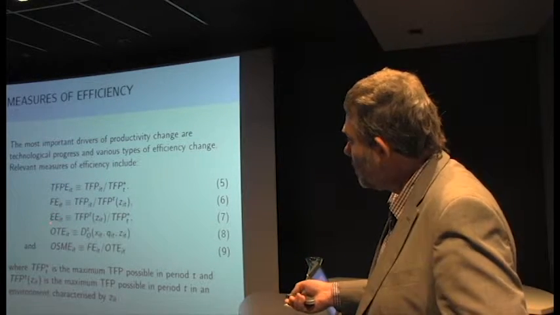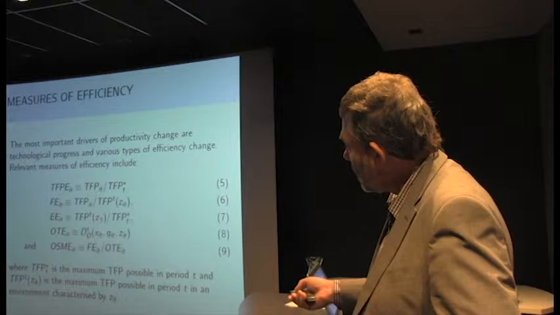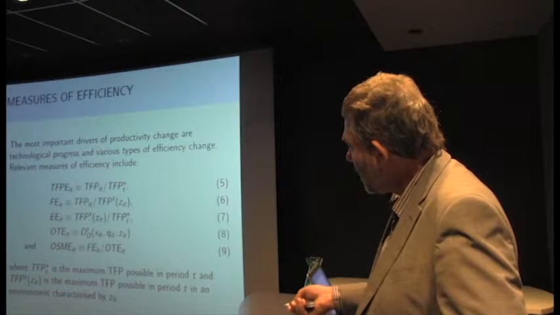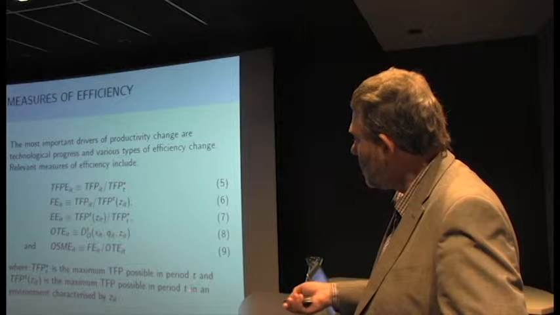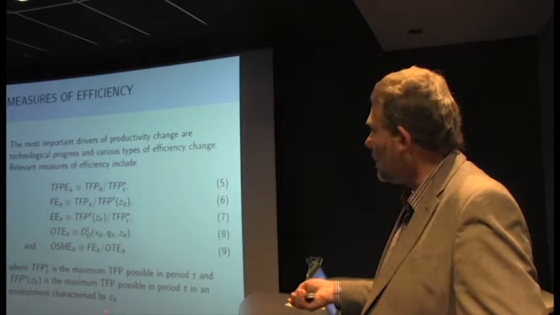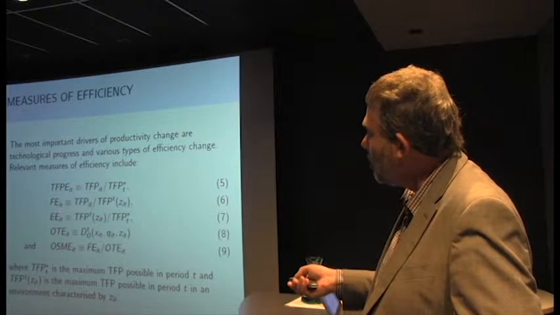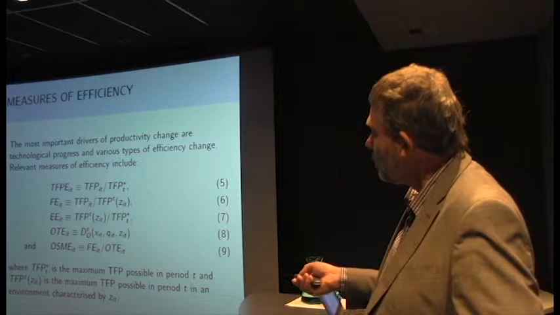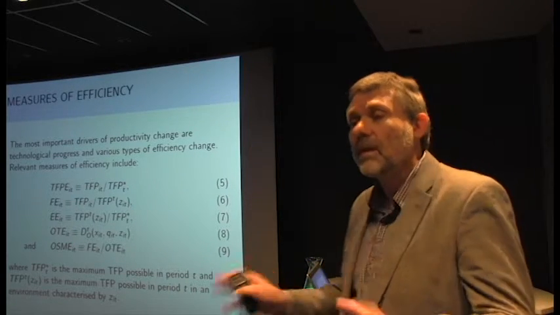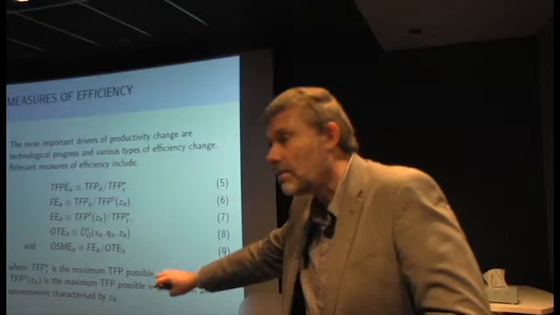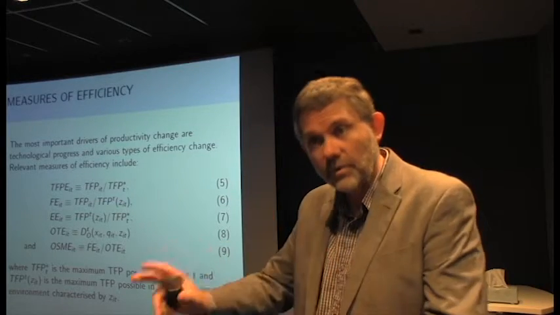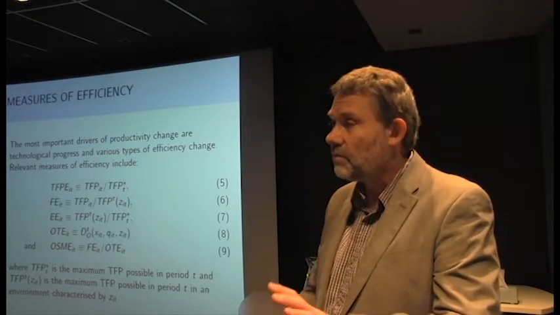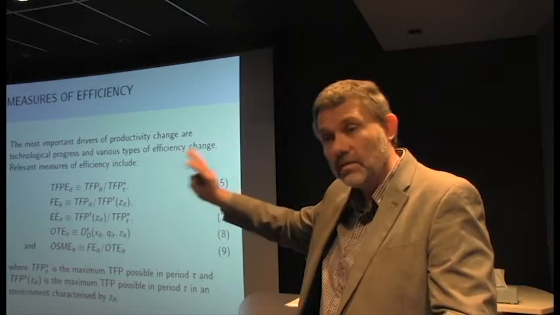So the environmental part, this TFP T star Z here, is the maximum TFP possible in period T in an environment characterised by Z. And this firm efficiency is basically the ratio of observed TFP to the maximum productivity that's possible in its environment. Okay, so that's the bit that the firm is responsible for. TFP compared to the maximum possible in its environment.